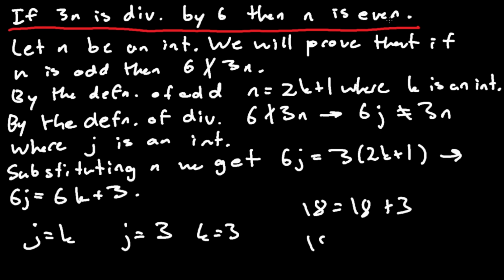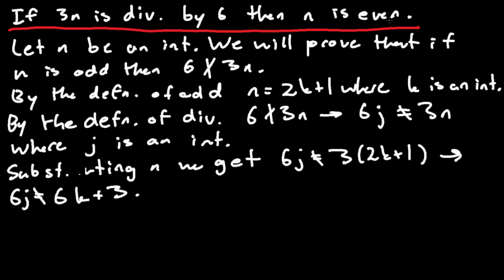Here's the thing, 18 is not equal to 21. This will never work. Oh, I forgot to put not equal to here and not good here. Sorry. I'll put an edit for that as well. But this will never work. There's no integer j or k that can allow this to happen.